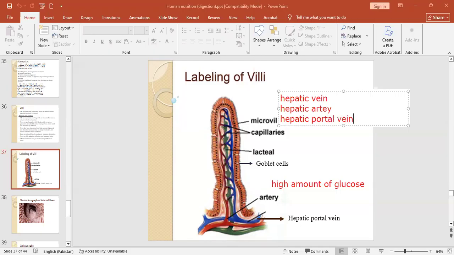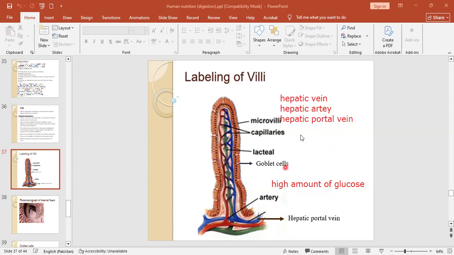Now, my question is, among all these three vessels, which are bringing blood to the liver and taking blood away from the liver, which of these three vessels contains the highest amount of glucose? Hepatic vein, hepatic artery, or hepatic portal vein? Hepatic portal vein? Yes. Okay.